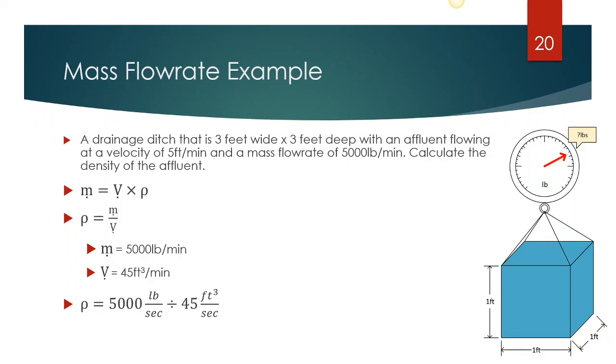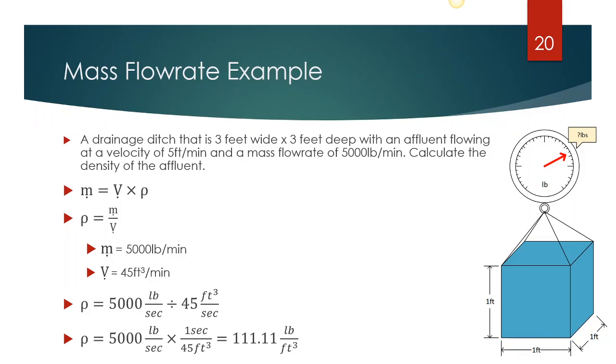Okay, so we have 5,000 pounds per minute divided by our 45 cubic feet per minute. And that gives us 111.11 pounds per cubic feet.